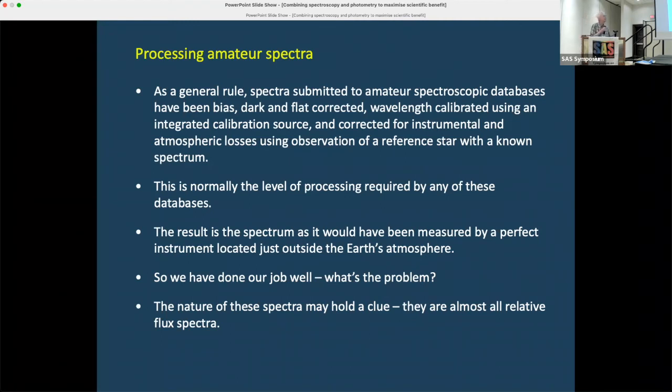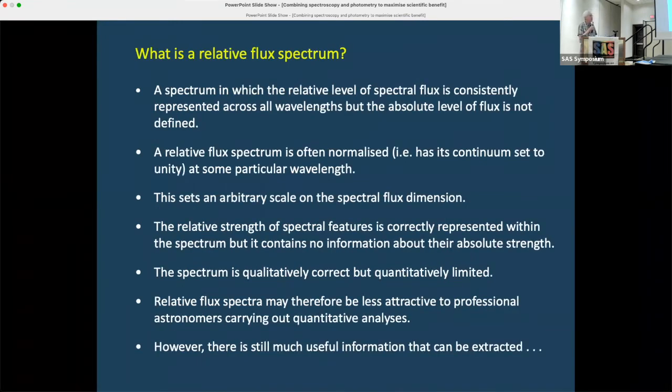Next slide. So what do I mean by a relative flux spectrum? It's a spectrum in which the relative level of the spectral flux is consistently represented across all wavelengths, but there's no definition of the absolute flux level in these spectra. So a relative flux spectrum is often normalized, in a sense fairly arbitrarily, to the value unity at some particular wavelength.